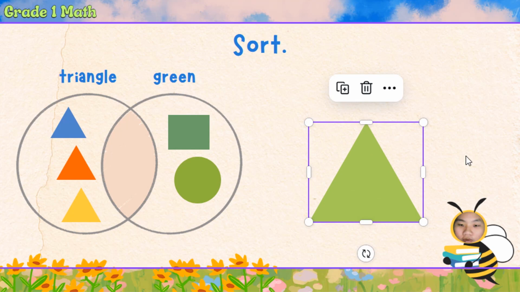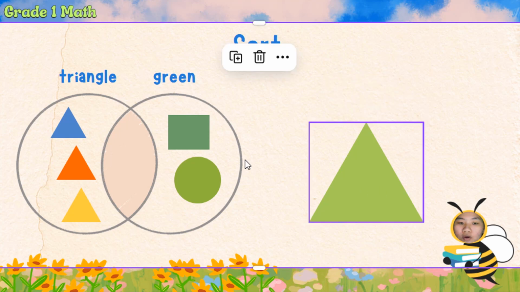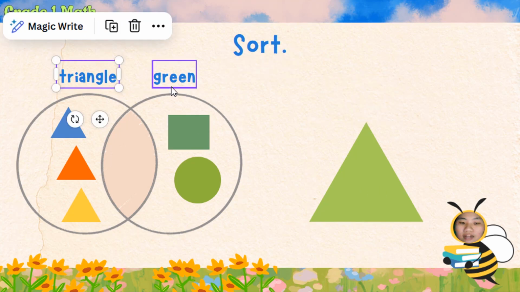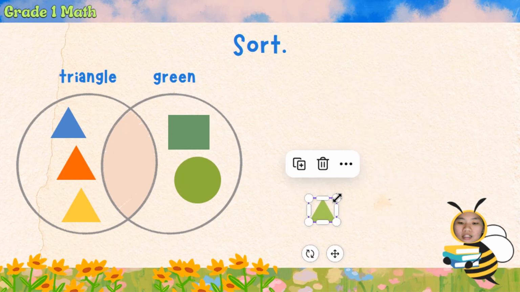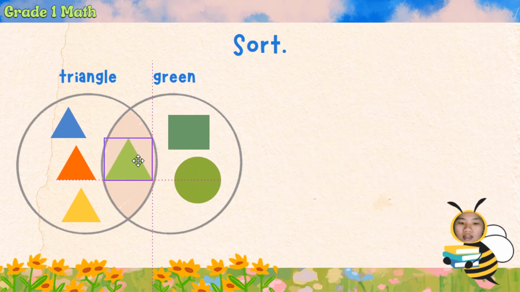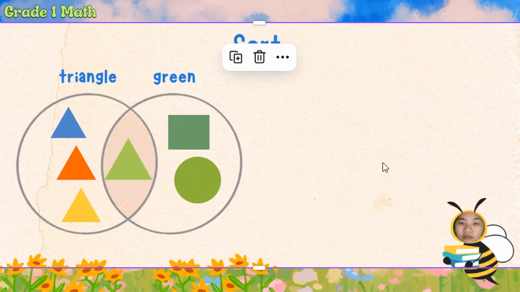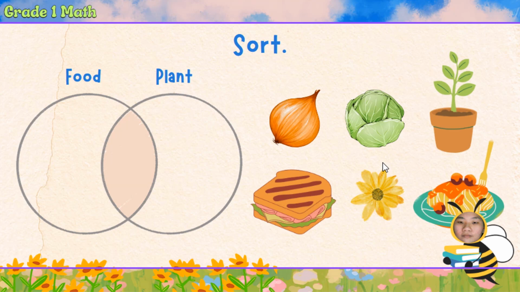It is green, okay? Now it is both a triangle and also green. So I'm going to put this in the middle. Okay, it's very simple, very straightforward. I hope that you understand, because we're moving on to the second part of sorting.